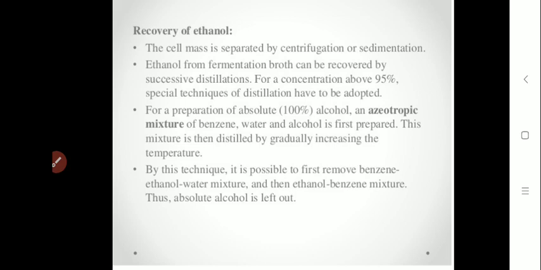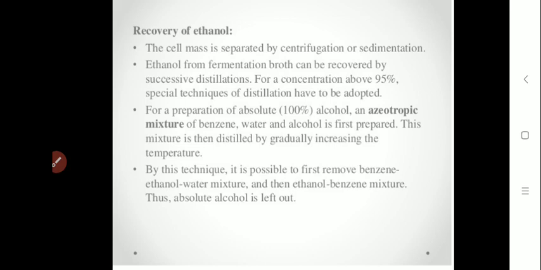Ethanol from the fermentation broth can be recovered by the distillation process. For a concentration of about 95% inside the fermentation broth, a special technique of distillation is adopted.